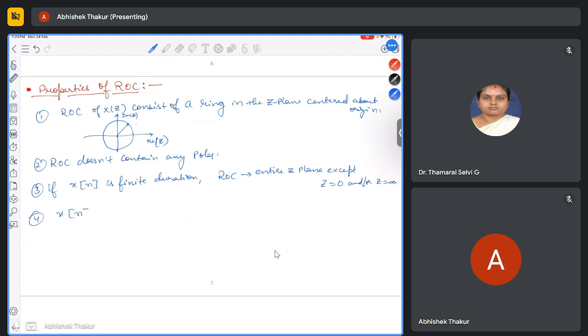For x[n] a left-handed or left-sided sequence, and if mod of z is equal to R naught is in the ROC, then the ROC will also be in ROC.